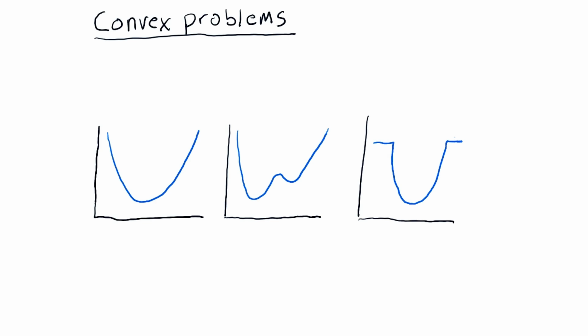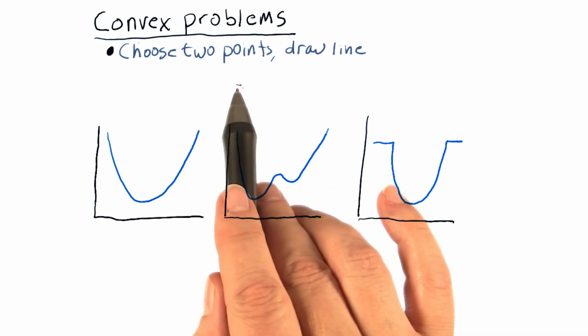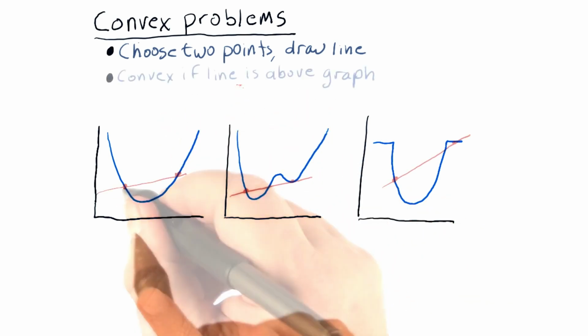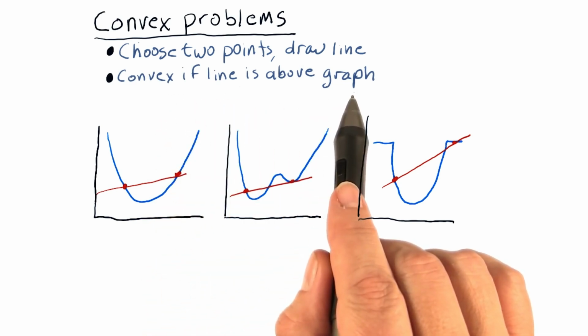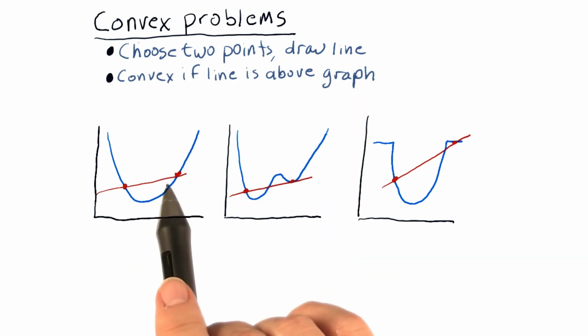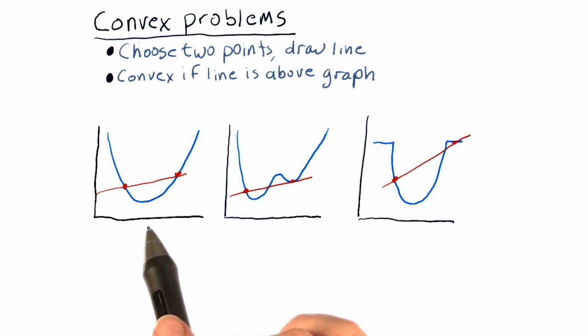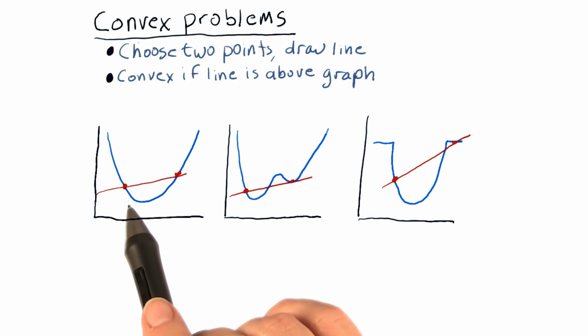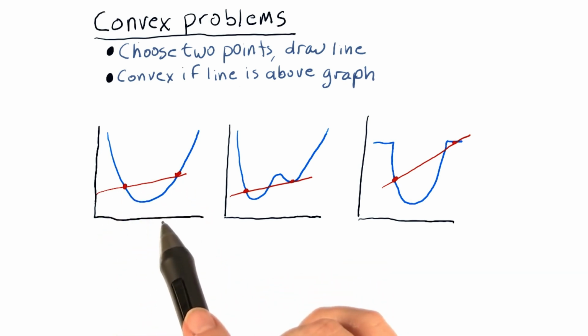Okay, a lot of words there. Let me show you what that means more easily. First step, choose 2 points and draw a line between them. Now for each of these lines, if the line is above the graph everywhere between those 2 points, then the function is convex between those points. So for this function, yes, it's convex because the line is above the graph everywhere.